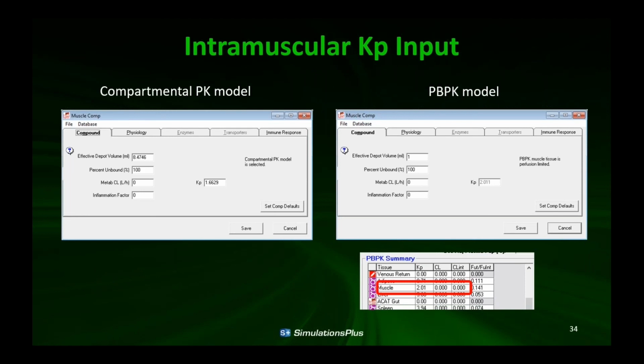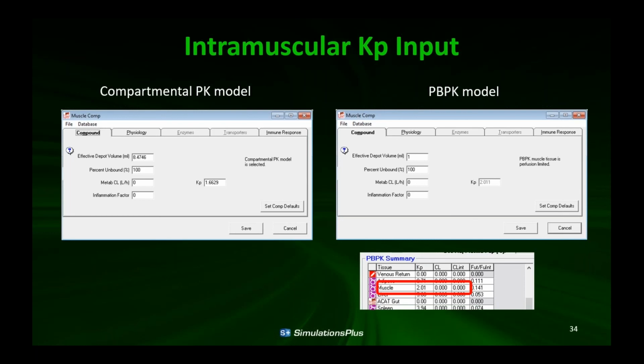That caused some problems if the user had a measured muscle Kp, or if they wanted to optimize these parameters to obtain better prediction of the tissue concentration or the PK profile.